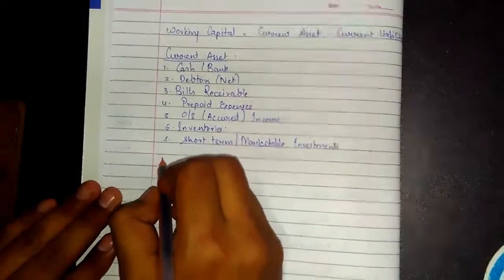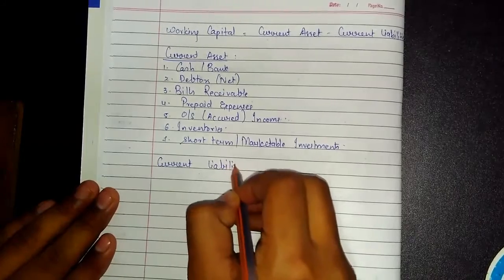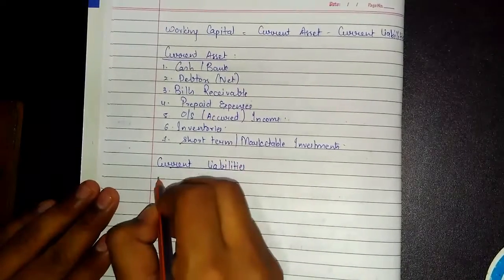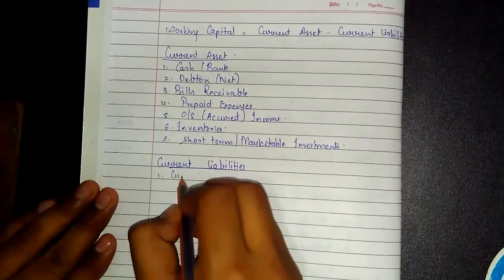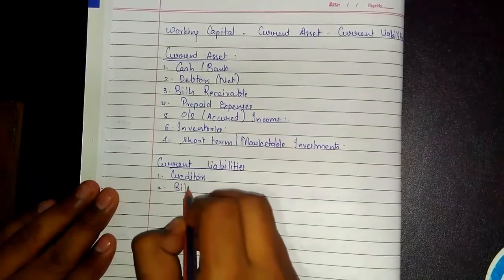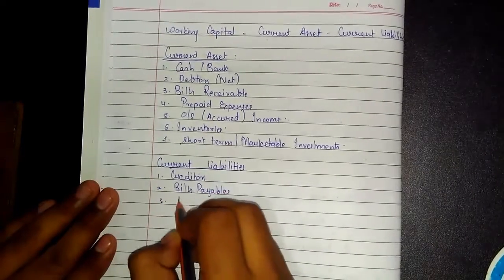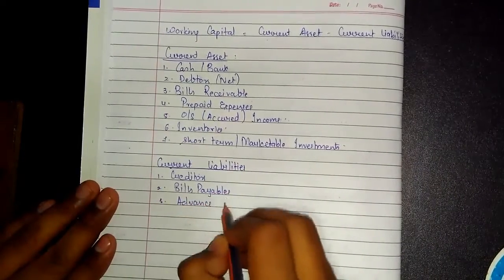Then what all things come under current liabilities? First, creditors. Second, bills payables. Advance received.